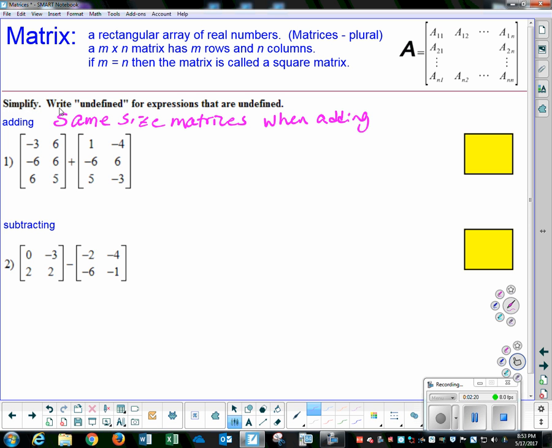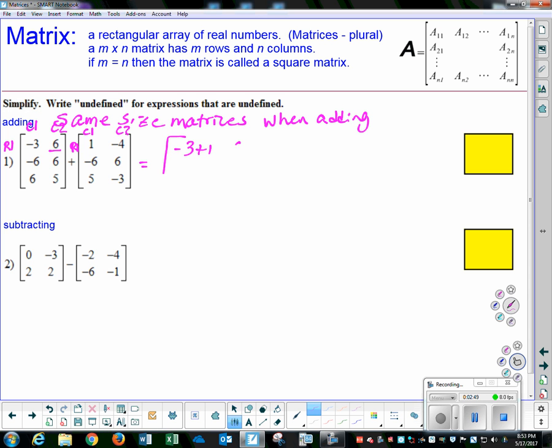So this is my row 1, column 1, and here I have row 1, column 1. So this would be location 1,1, and this is location 1,1. So I'm going to take location 1,1 plus the other location 1,1, and add up -3 and the +1.